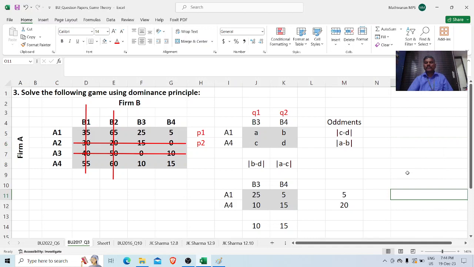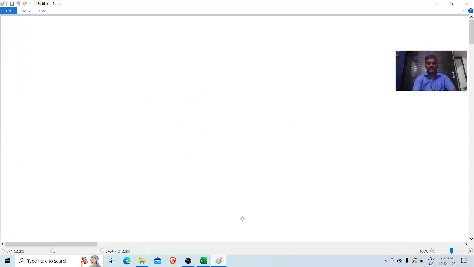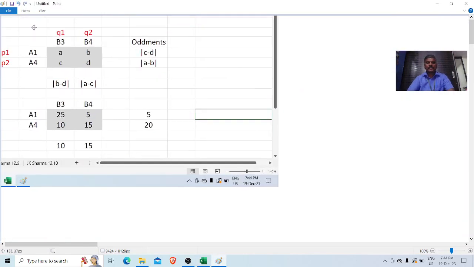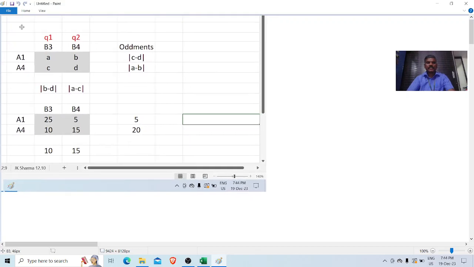So what I will do, I will take a screenshot and have it in the paint. We need this portion.